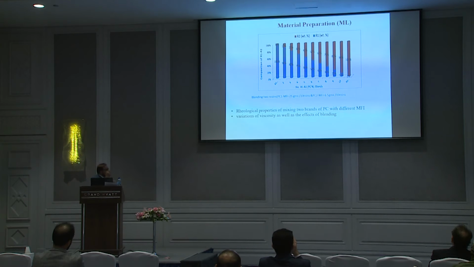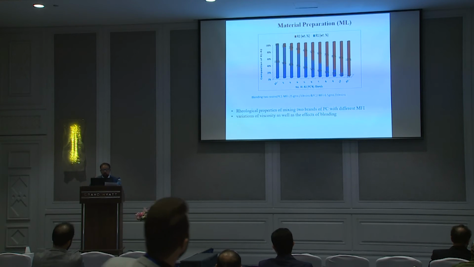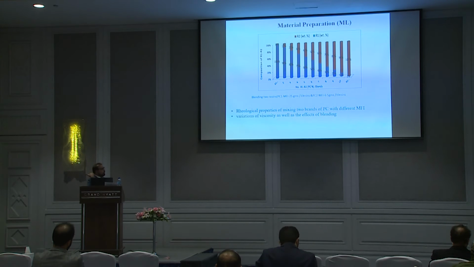The second stage of my experimentation used the same material, polycarbonate 1 and polycarbonate 2, run in 11 varied steps. For example, from 0 to 100 of the first polycarbonate, then the second one 20, 80, in 11 steps.